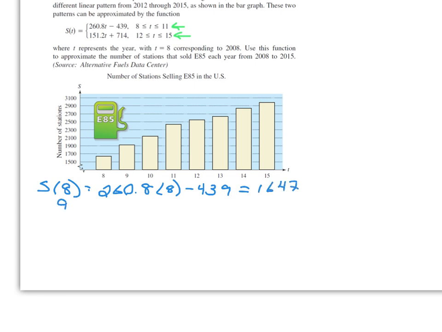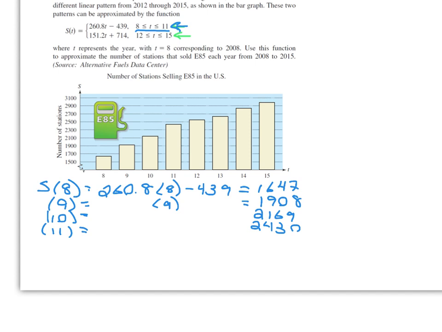Then we're going to do 9, and we're going to replace the exact same thing, except in here you're going to put 9, and you get 1908. And then you're going to do 10. You're going to use the exact same function, this blue one, because we're going from 8 to 11. You're just going to go through and plug them all in. You get 2169 and then 2430 at 11. So this is 10, this is 11.